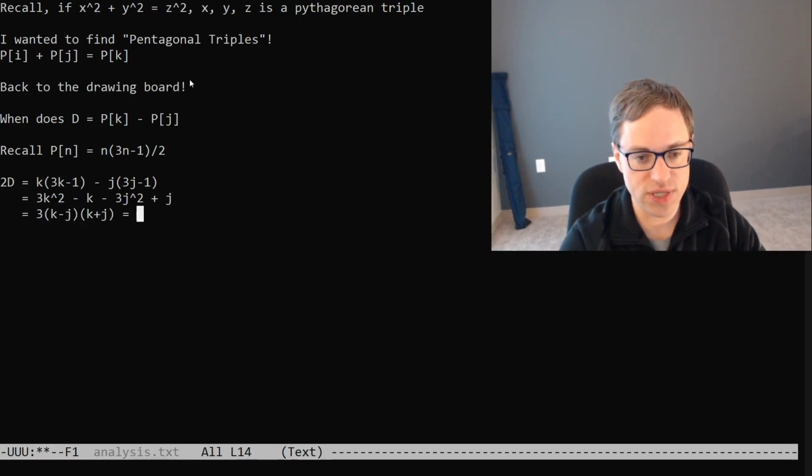And then that's going to leave us minus k minus j. But then you see that this term here, k minus j, is the same as this term here. And so we can factor once again to get k minus j is going to be equal to 3 times k plus j minus 1.